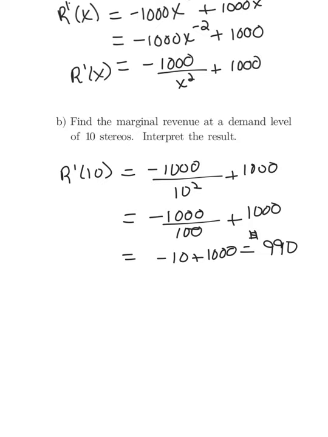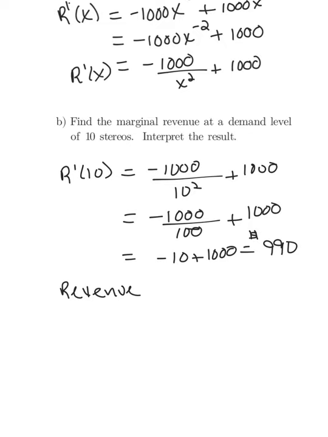For the interpret part, first thing you do is look to see whether your answer is positive or negative. Our answer is positive. Because it's positive, that's telling me that the revenue is increasing. So I'm going to start out by saying revenue. Now notice I do not write the word marginal here.